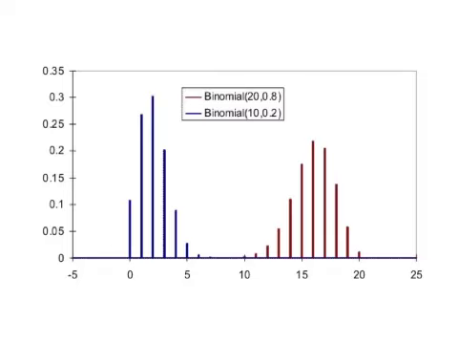And here, on this plot, we draw the probability mass function for two binomial distributions. One describes an experiment with 20 trials, and in each trial you have 80% success.